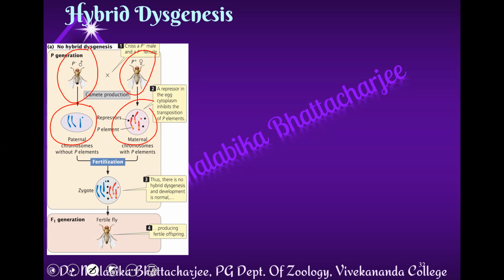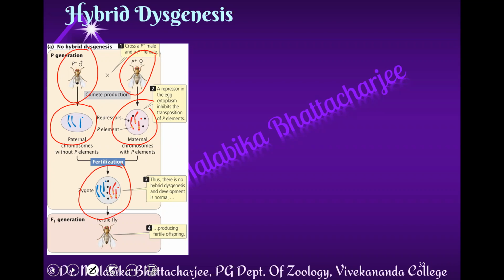So the repressor proteins present in the egg cytoplasm prevent the mobility of the P elements. So the P elements are fixed in the genome. They're frozen in the genome. They cannot move out. When such an egg and such a sperm fuse, we have a zygote.